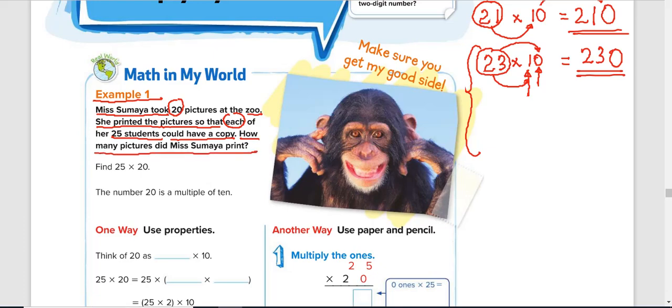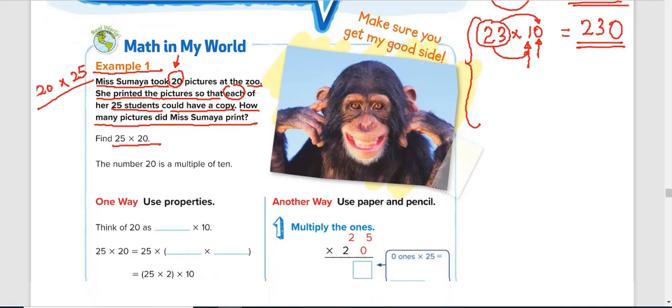These are the key points there. Miss Sumaya took 20 pictures. So you're going to have 20 multiply because of this each. So each of our 25 students. So one student took 20 pictures. So for 25 students, it's going to be the product of these two.